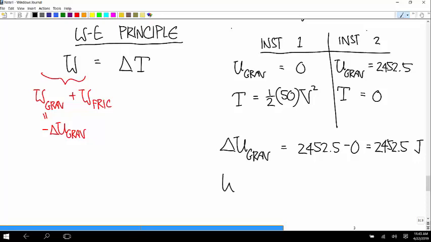So the work done by gravity is negative. Now it's the negative of that change in gravitational potential energy. That's negative 2452.5.